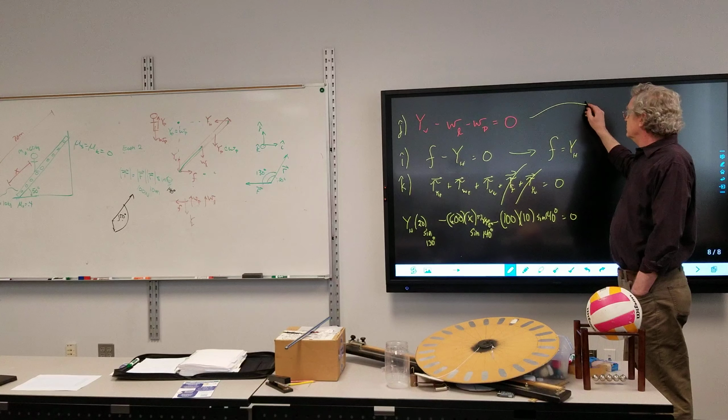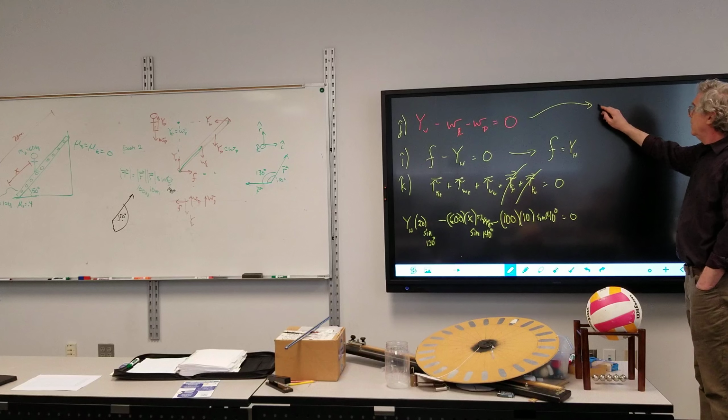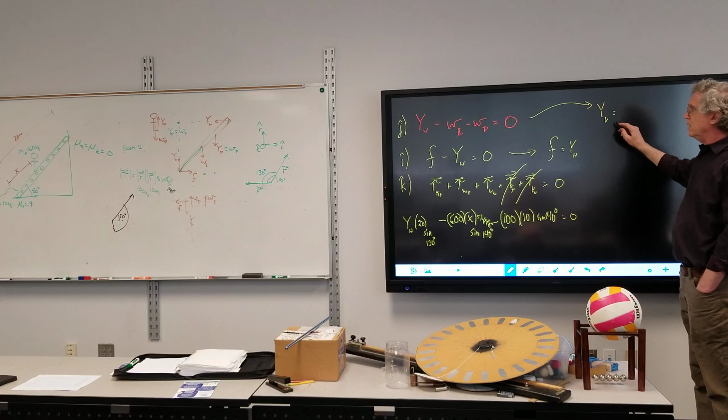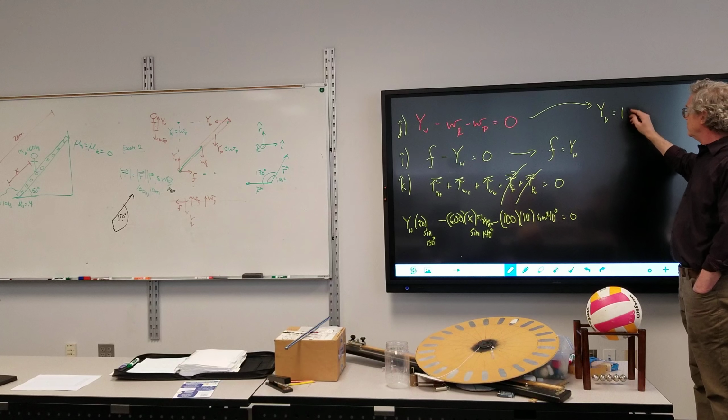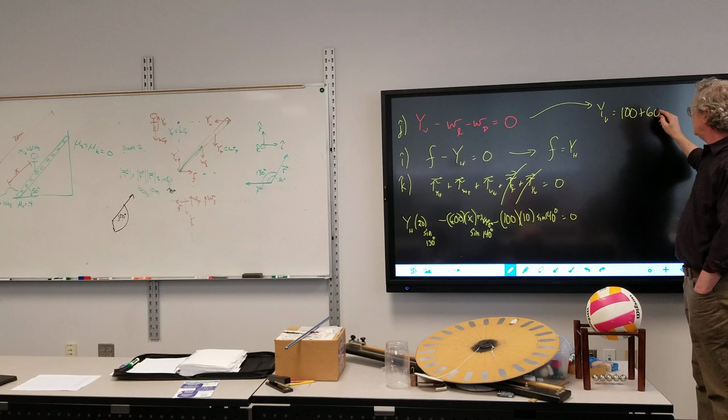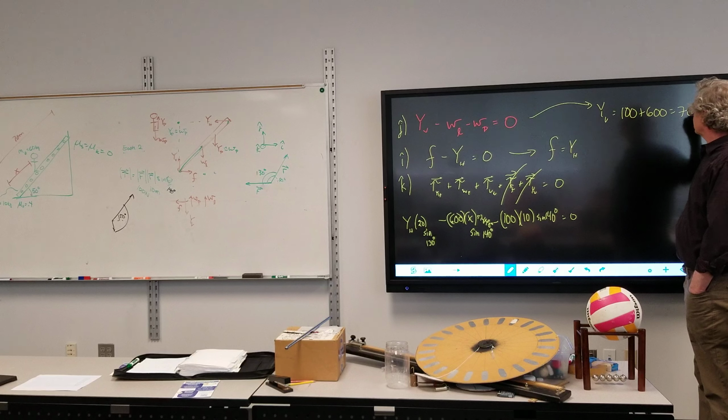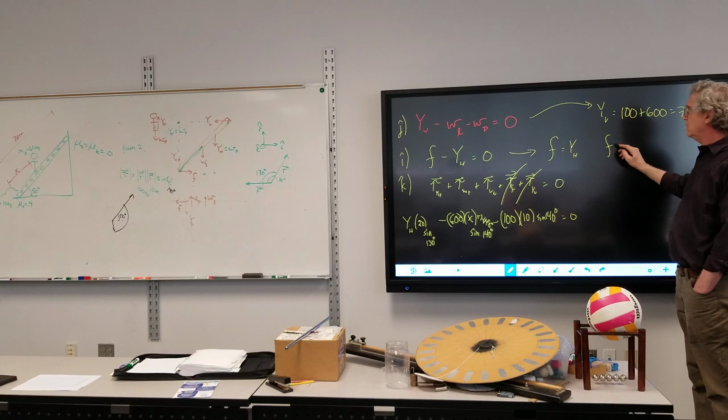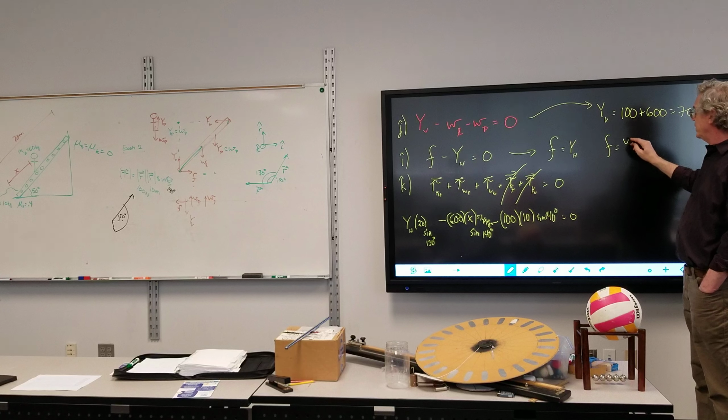So, in terms of solving, y sub v is the weight of the ladder plus the weight of the person, which is 100 plus 600. Friction equals y sub h.